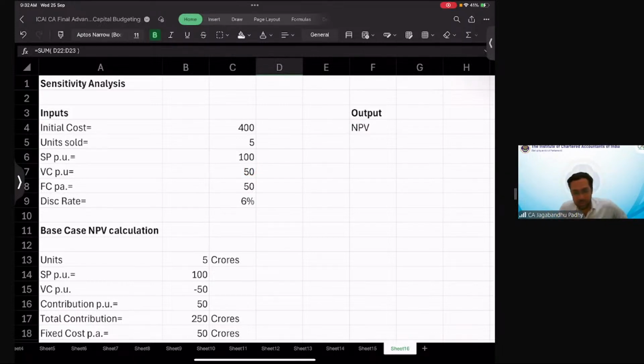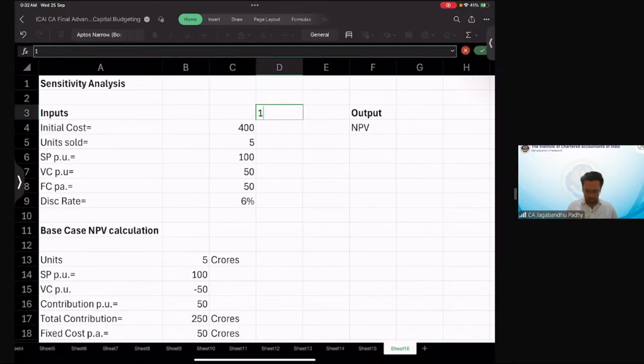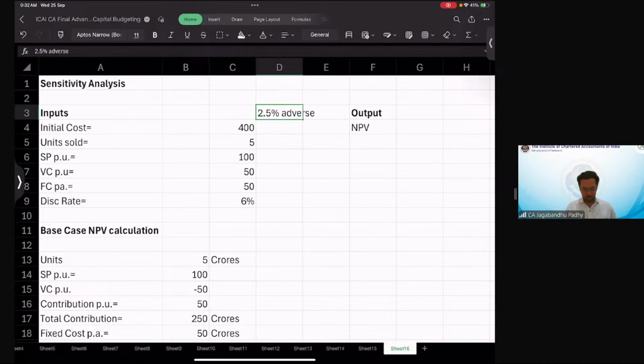We are going to see what is the likely NPV in the 2.5% adverse scenario. Okay, so if we make it 2.5% adverse, can you tell me what should be the revised initial cost if we were looking for 2.5% adverse?